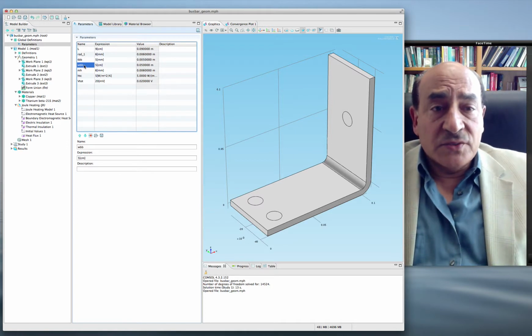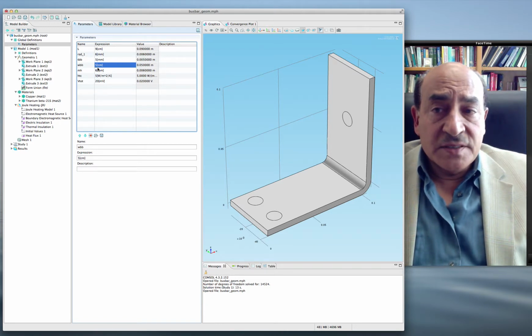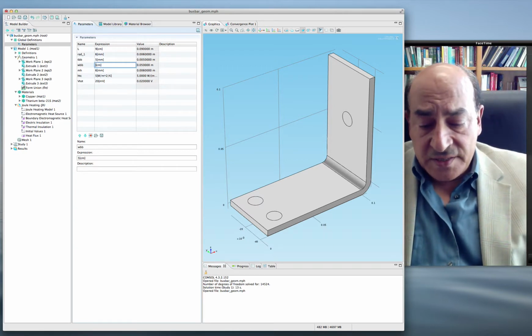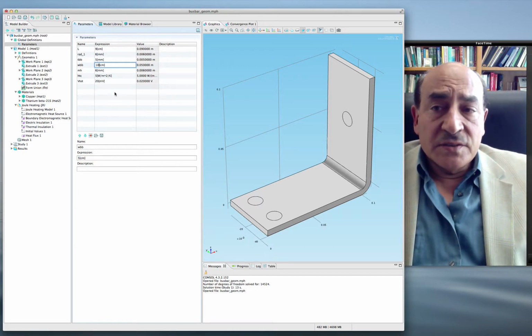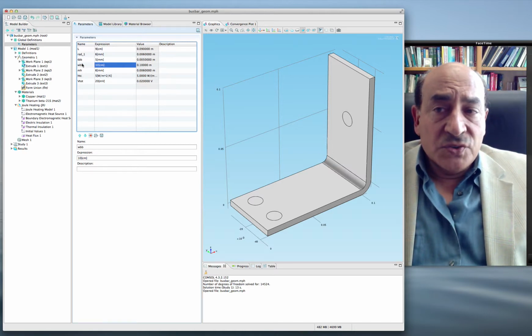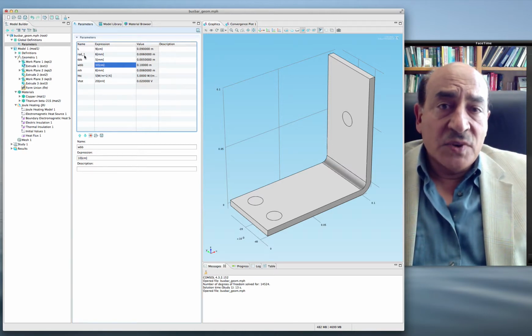You can make it wide or small. Let's say if I want to make it wide, instead of 5 centimeters, I can just change it here to, let's say, 10 centimeters. Then I have to rebuild the geometry, and you'll see that it will change.